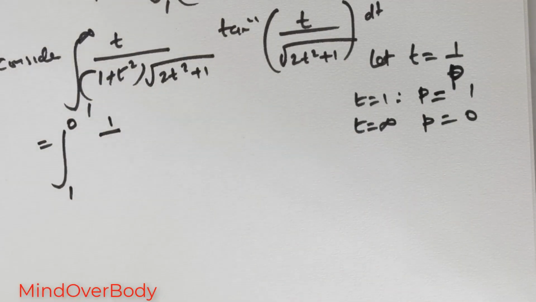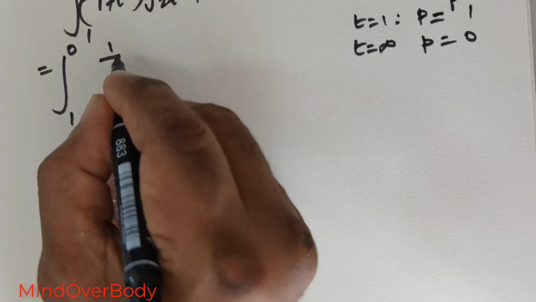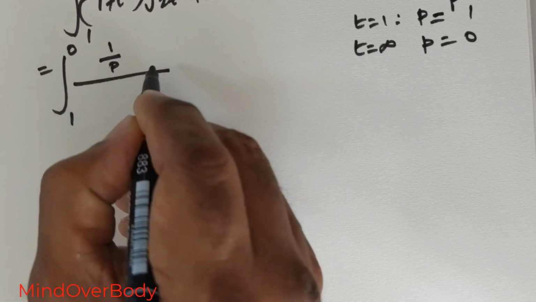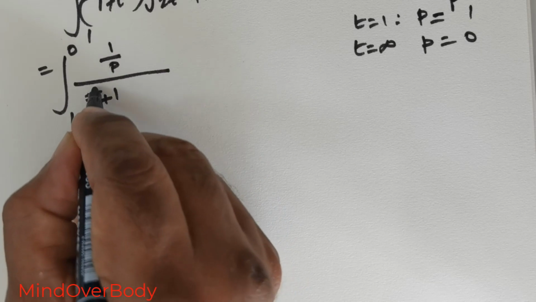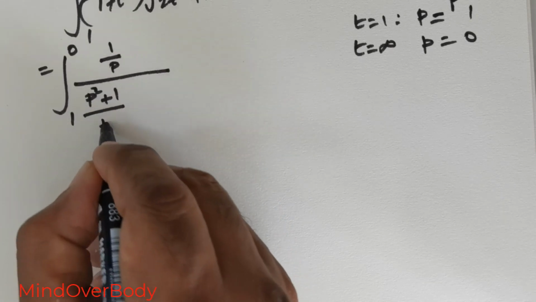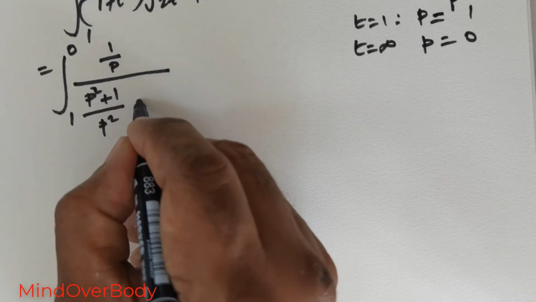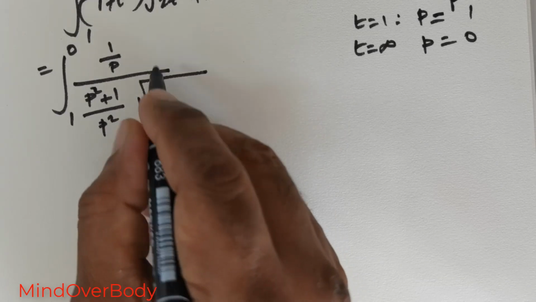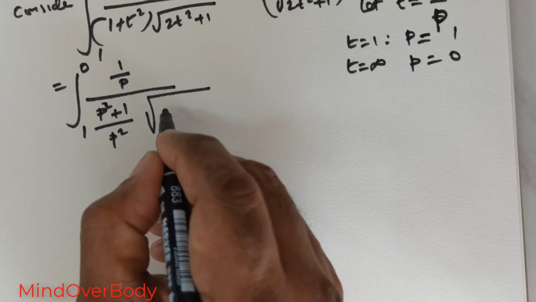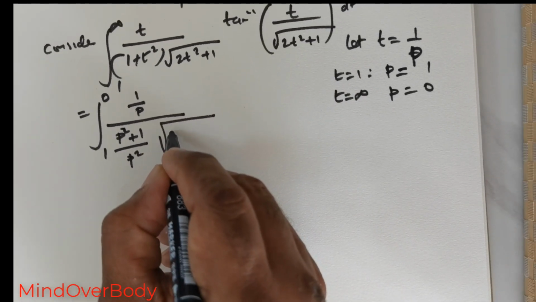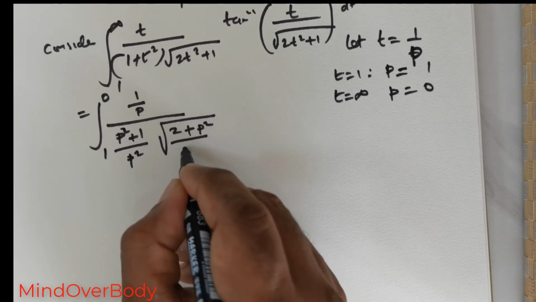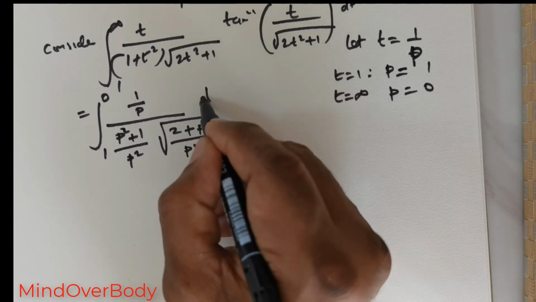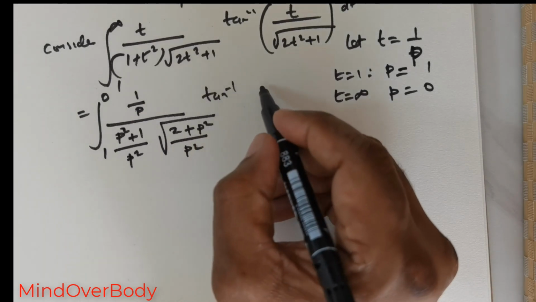So I substitute 1 over p there, divided by 1 over p squared plus 1, times root of 2 over p squared plus 1, which is root of (2 plus p squared) divided by p, times tan inverse of 1 over p.